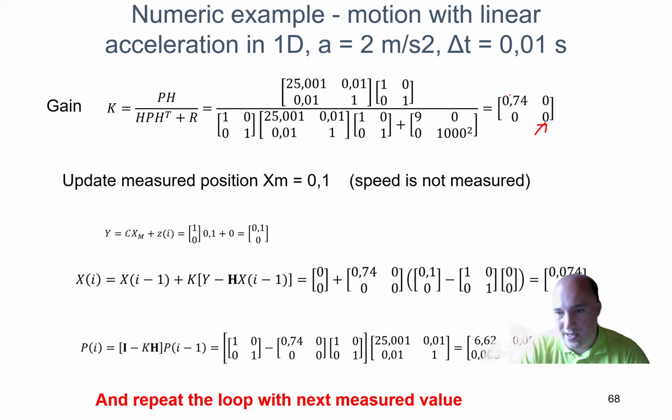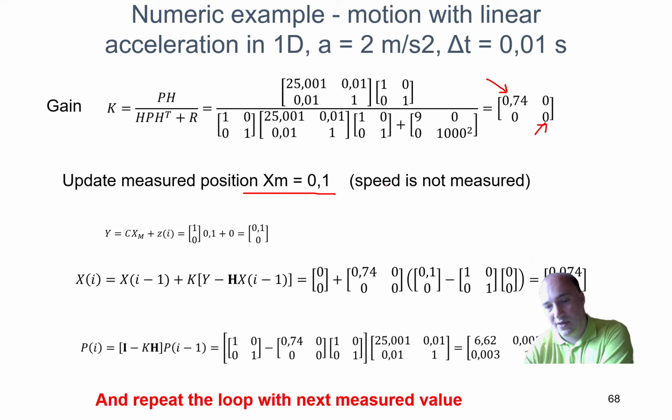And this 0.74 tells me that now in this step I have more confidence in my measurement of position. And now the data comes in. I have an update from the measured position, and let's say that it tells me that the measured position is 0.1 meters. And I do not measure speed, so here I will have no update at all from any speed sensor because I don't have it.